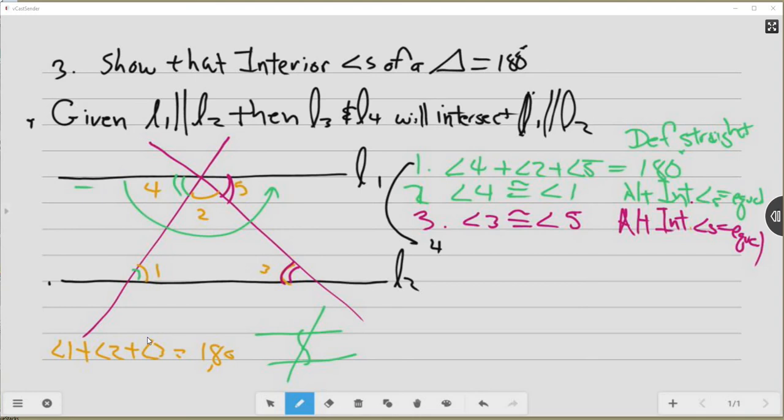If angle 4 is equal to angle 1, I'm going to replace angle 4 with angle 1, and then I'm going to copy the angle 2. You see it here? It's copied from here. I just copied it and replaced 4 with 1. And now I know I can replace 5 with 3. Why? Because they're equal.